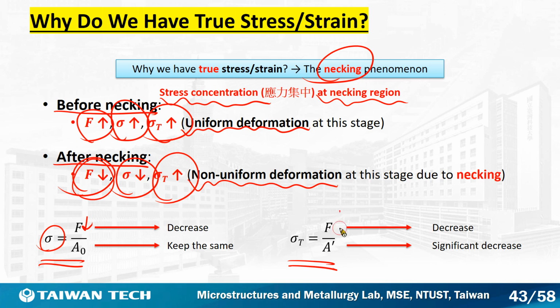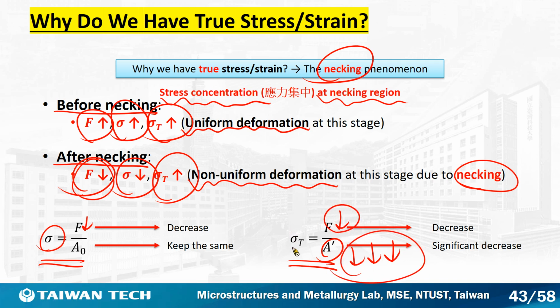The force here decreases. However, because the necking is at the center region, the cross-sectional area will decrease. However, it decreases more compared to the decrease in force. So we will see that the true stress actually will increase. So that's why we need the true stress and true strain.